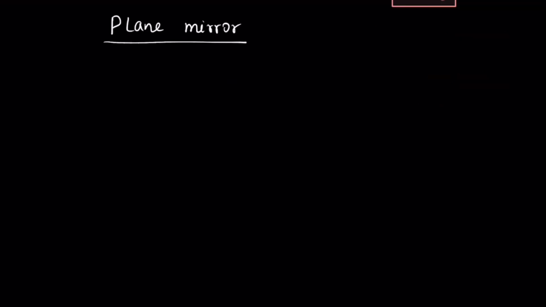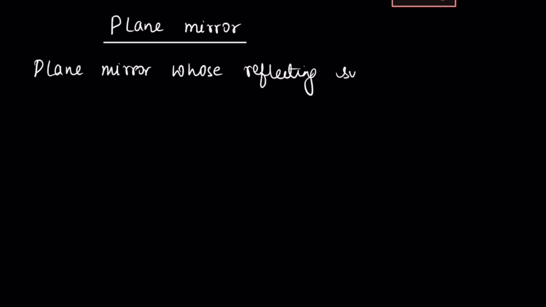Plane mirror. A mirror follows the reflection of light concept, so that's why we need to understand the plane mirror here. We can write: a plane mirror is a mirror whose reflecting surface is plane.